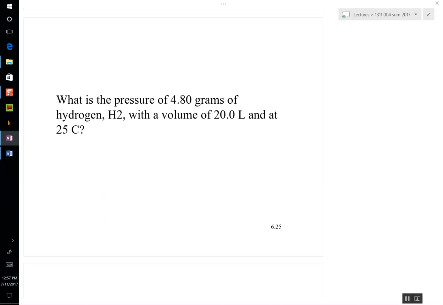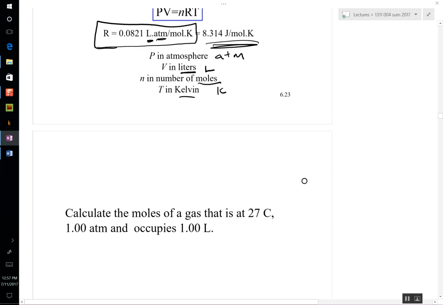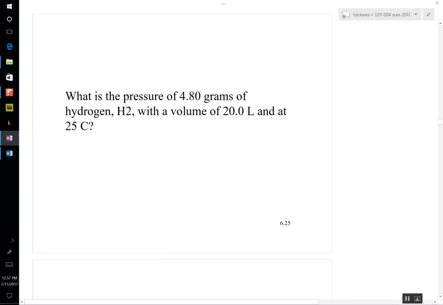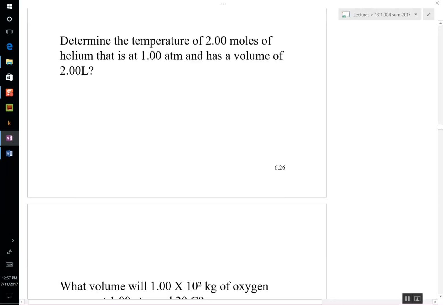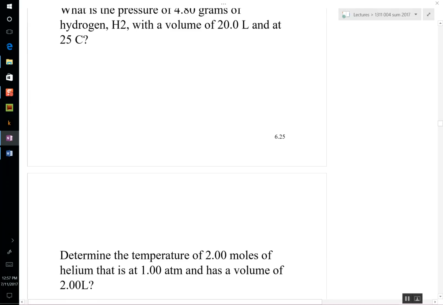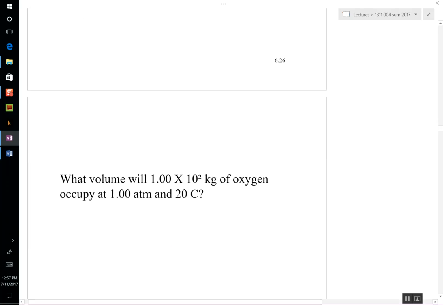Not a lot, but 5 or 6, 7 more that you could go in and do. And they're under here, talking about the ideal gas law. So it goes into a bunch of ideal gas law problems where you're either given the moles of the gas or you're given the grams of a gas.